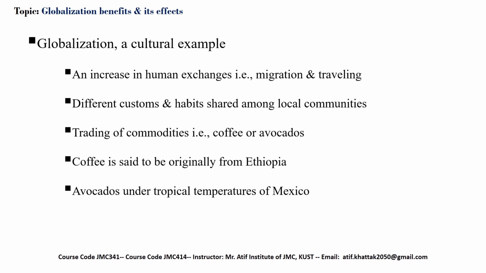Avocados, for instance, are grown mostly under the tropical temperatures of Mexico, the Dominican Republic or Peru. They started by being produced in small quantities to supply the local populations. But today, avocados are common in meals all over the world.